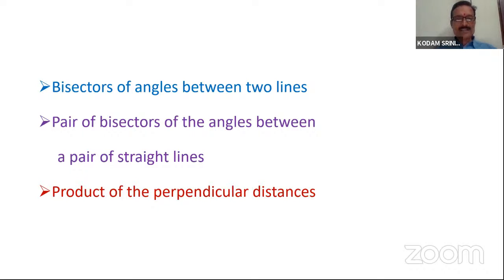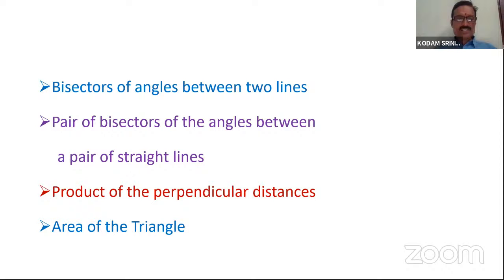We derived that the equation of the pair of bisectors of the angles between the pair of straight lines ax square plus 2hxy plus by square equal to 0 is h into (x square minus y square) equals (a minus b) into xy. Again, we discussed the product of the perpendicular distances.